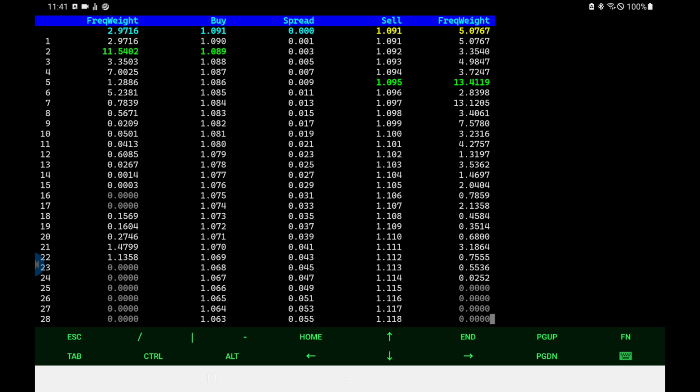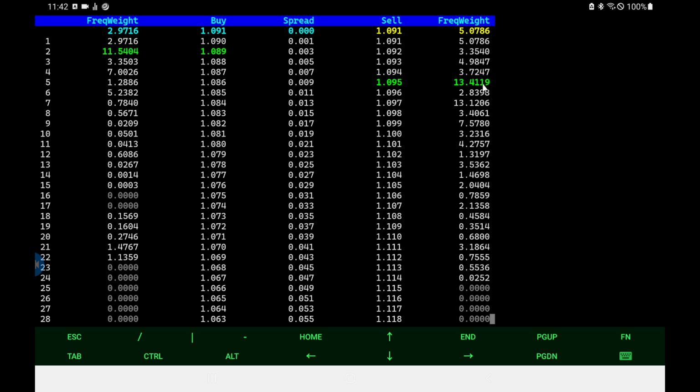We see that right now support is at 1.089 and it represents 11% of the order book. And this is on the basis of where price has actually been, where buyers have actually placed their orders and gotten them filled. And we see that sellers are quite happy to accept 1.095, and that represents 13% of the order book.